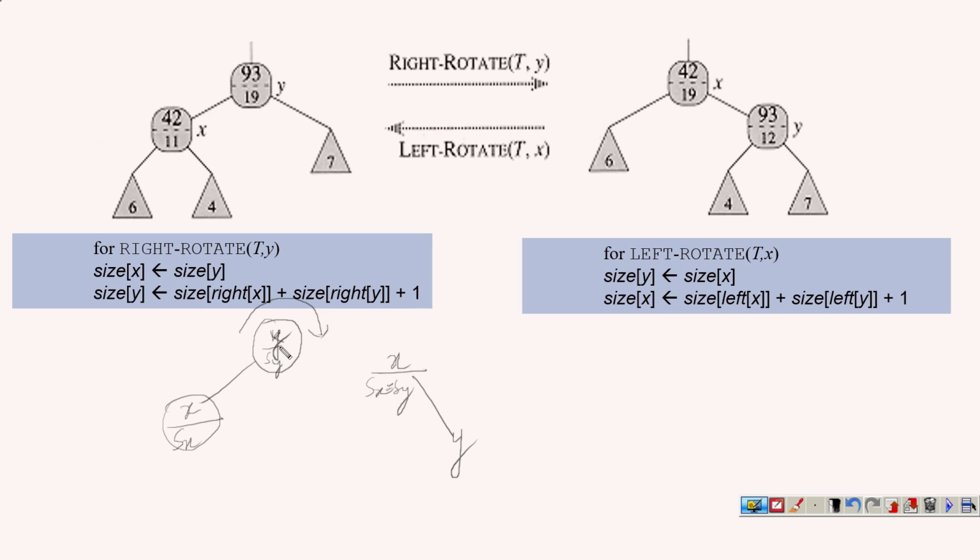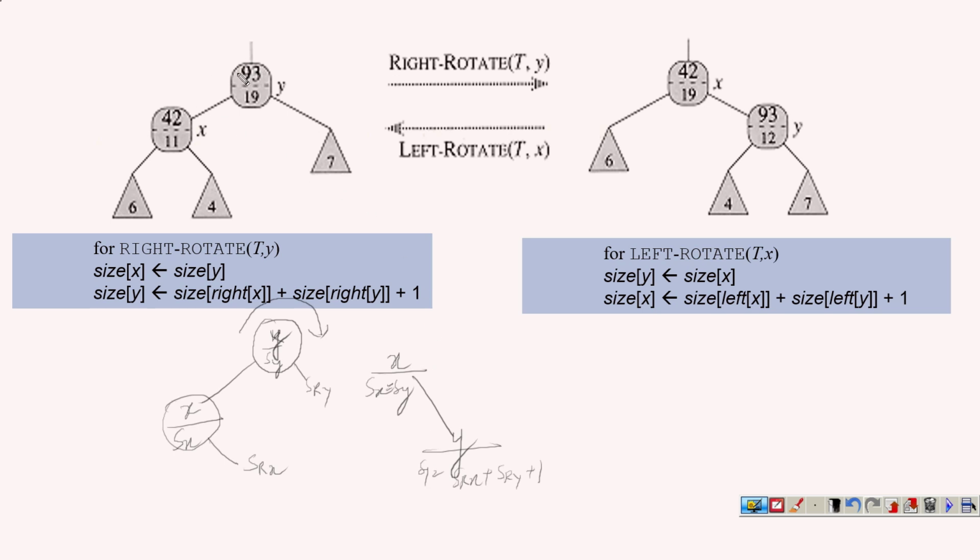And what about the node which is going down? We look at the right subtree of X, with its size being size of right X, and the right subtree of Y, with size of right Y. When Y goes down, the size of Y equals size of right X plus size of right Y plus 1. This is how things are maintained.